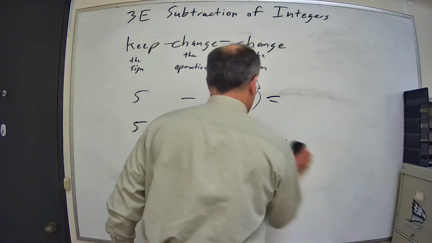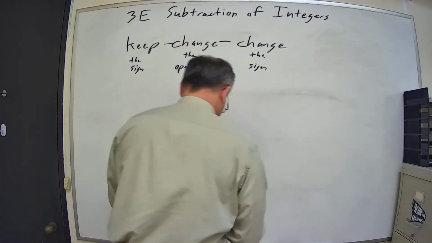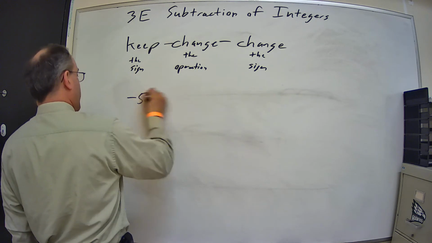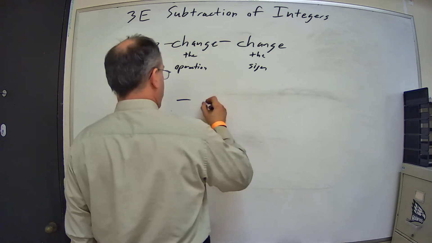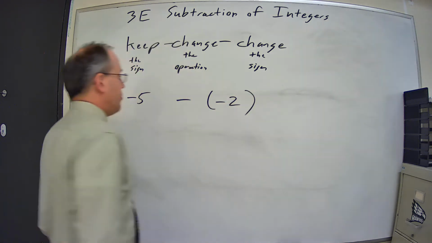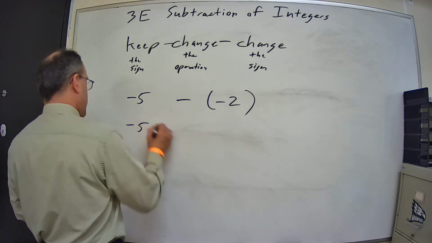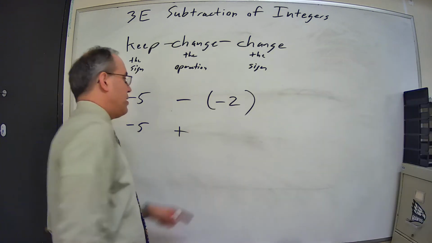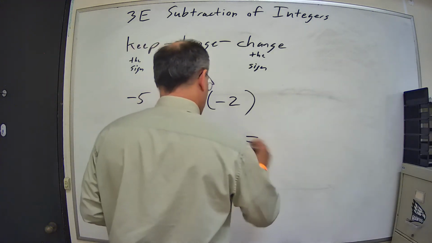So let's try another one. -5 minus -2. So we're going to keep the sign of the first one, -5, change subtraction to addition, plus, change the sign of the second one, -2 changes to +2.